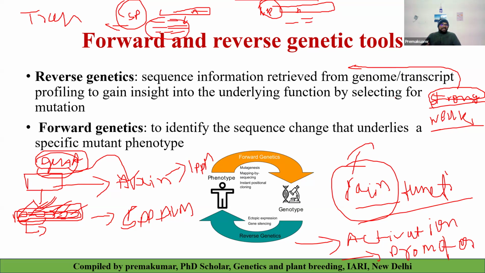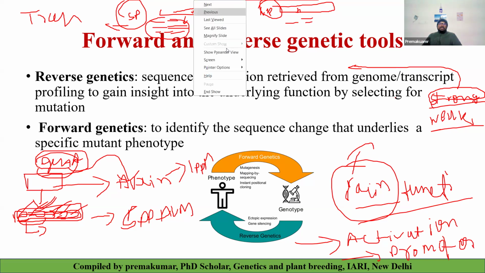We can study the gene either through loss of function mutations or gain of function mutations. You should know what tools and techniques are available to create loss of function mutations, and also what tools are available to study gain of function mutations. Understood? Can anyone summarize the tools to create loss of function mutation?